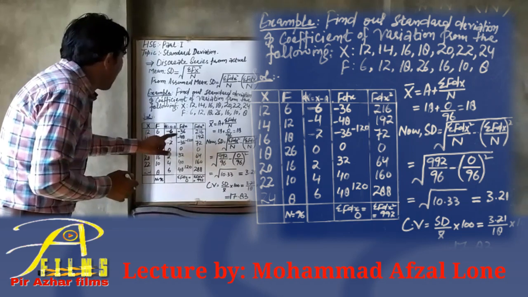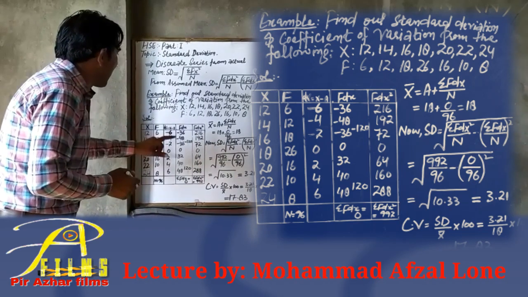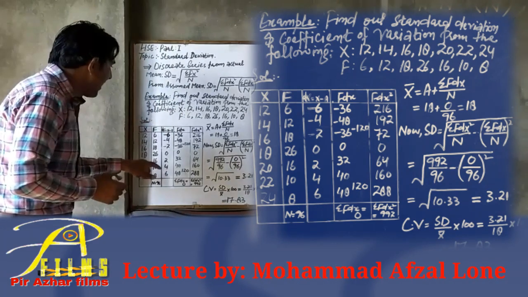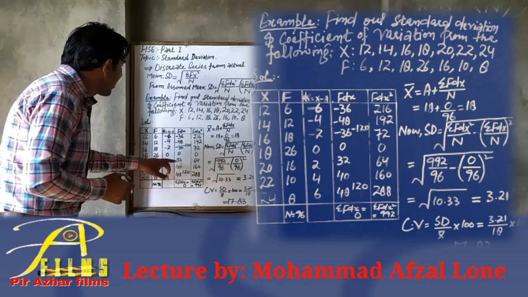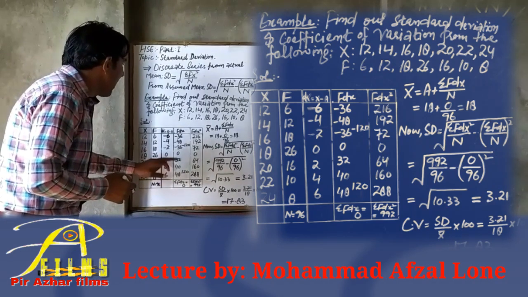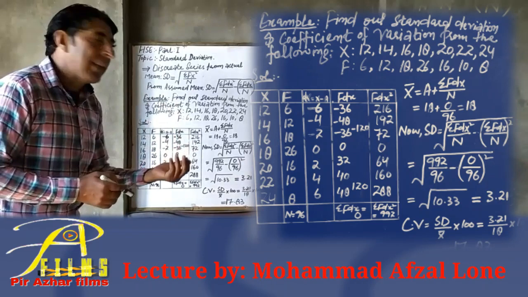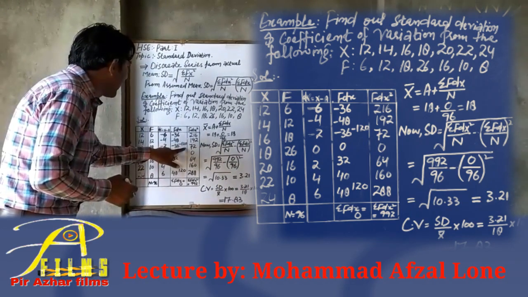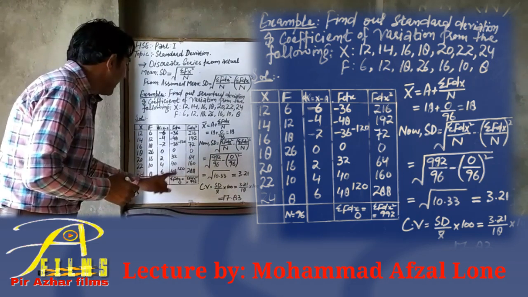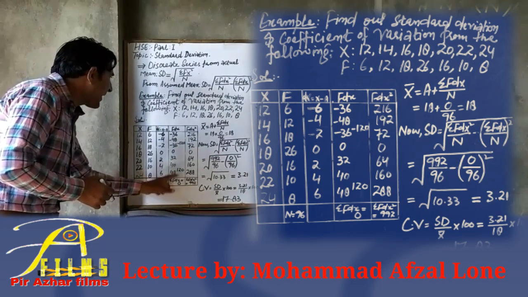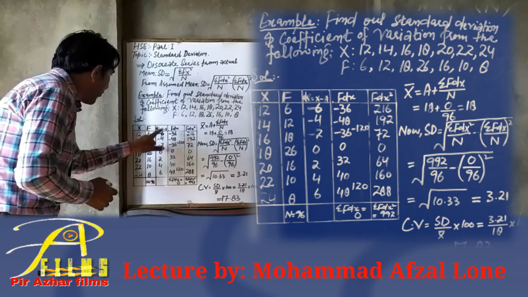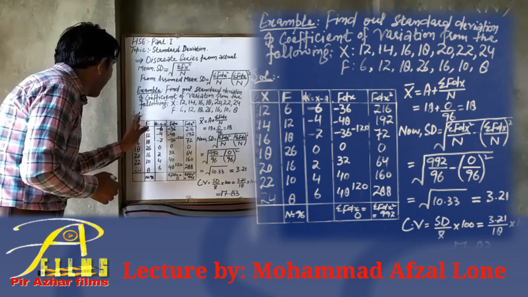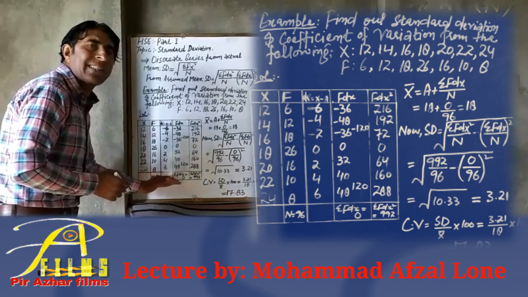Minus 36 plus minus 48 plus minus 36 is equal to minus 120. Then the plus values, 32 plus 40 plus 48, is 120. Now minus 120 plus 120 is 0. Summation of f dx is equal to 0. This is f into dx, and the sum of these values which we got from multiplying f with dx is summation of f dx, that is 0.